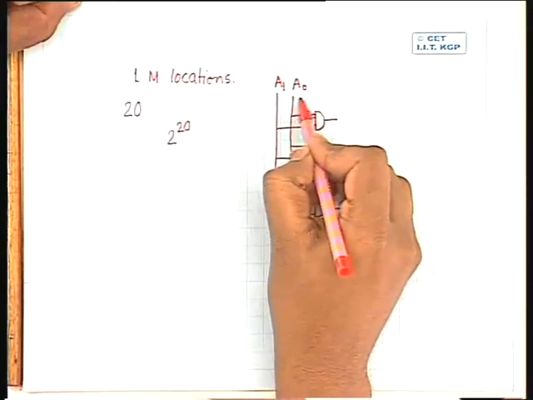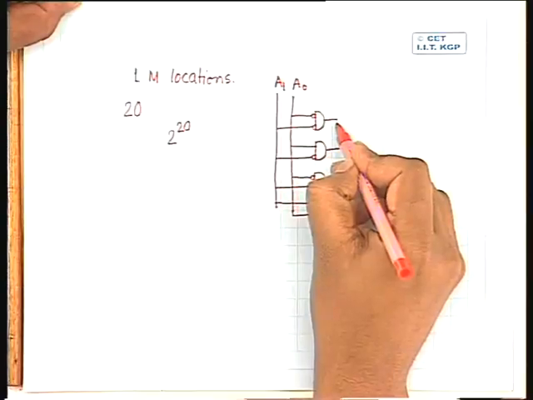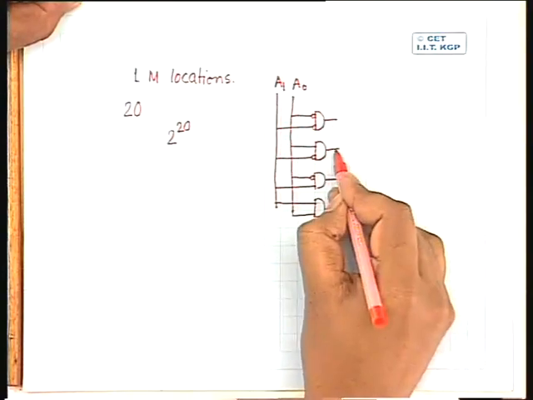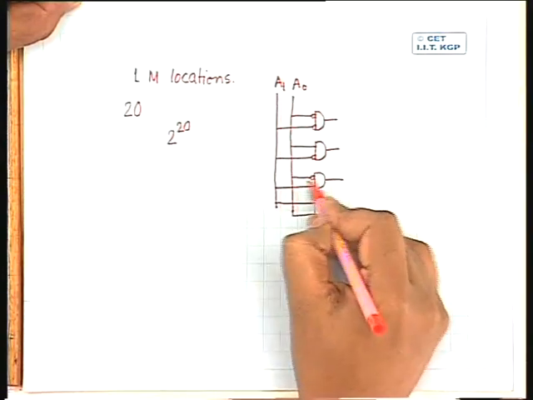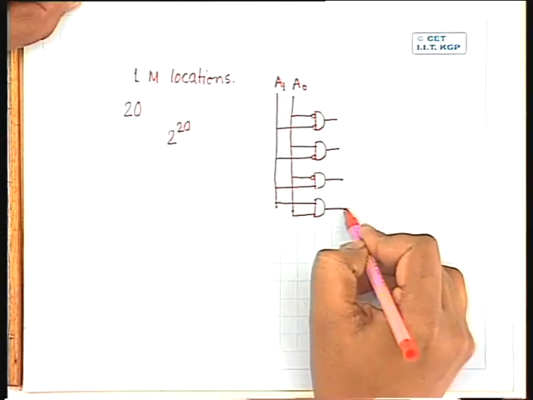When both A0 and A1 are 0, 0, this output will be high. For 0, 1, this output will be high. For 1, 0, this output will be high. For 1, 1, this output will be high.